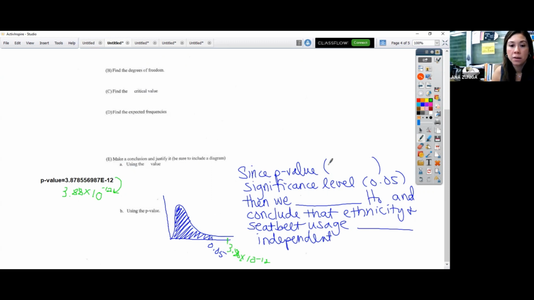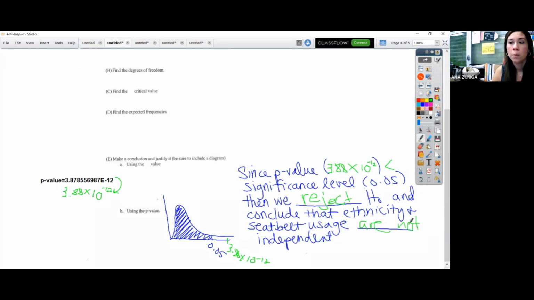Since the p-value of 3.88 times 10 to the -12 is way smaller than the significance level of 0.05, then we reject the null hypothesis, because remember, it's definitely in the rejection region, and conclude that ethnicity and seatbelt usage are not independent.